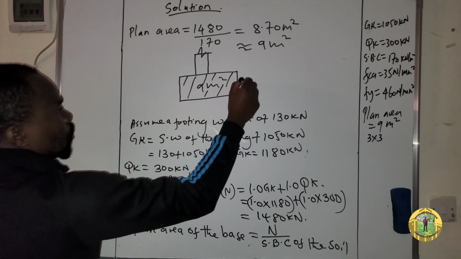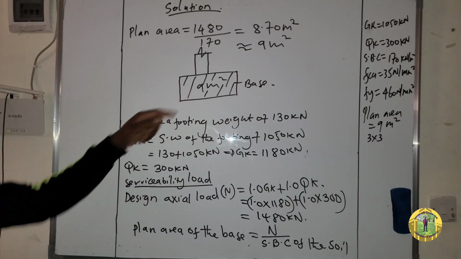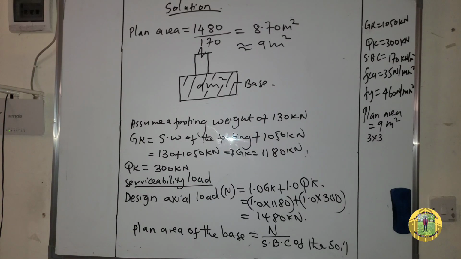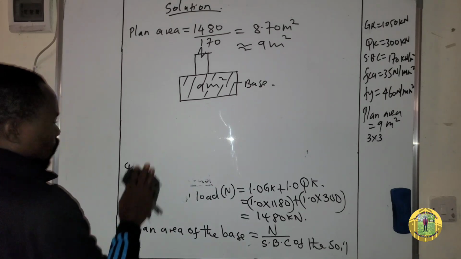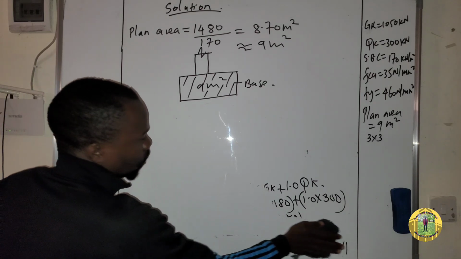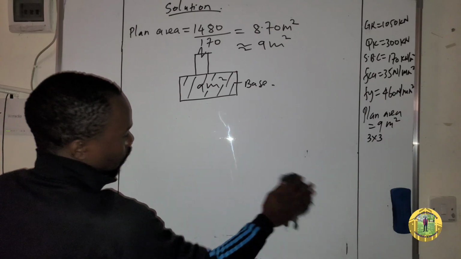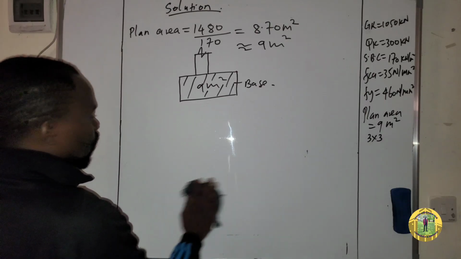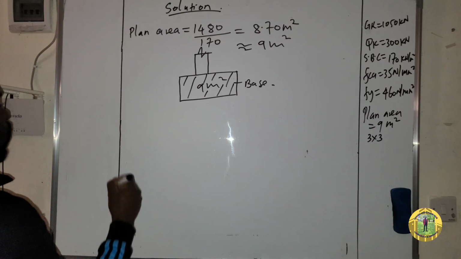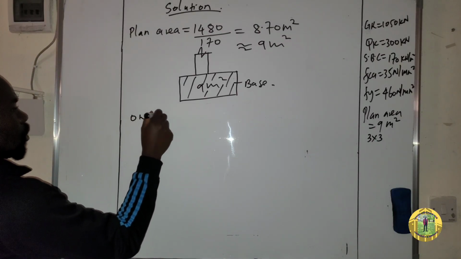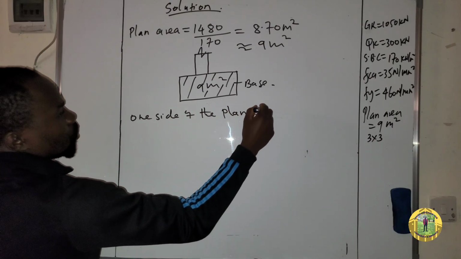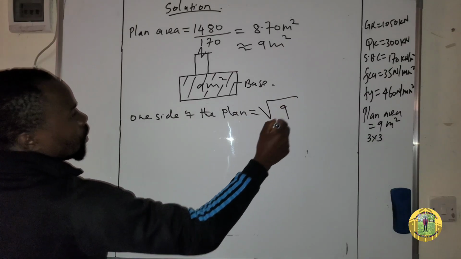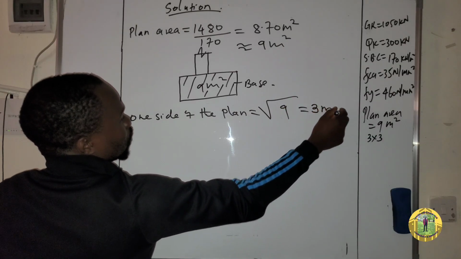So this is the base. After getting the plan area, we can easily determine one side of this square base. So to determine one side of the square base, you will get the square root of 9. So one side of the plan is equal to the square root of 9, which is equal to 3 meters.